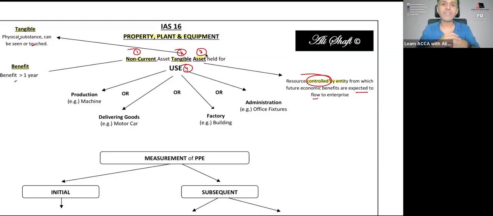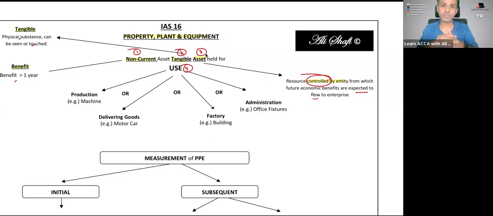Many examples I can give you, and you can think of examples around you. Taking an example of a motor car. Tangible, because a motor car can be seen, can be touched, can be felt, it has a physical substance. The benefit of a motor car, if not for 10 years, is at least 7 to 8 years, so non-current.